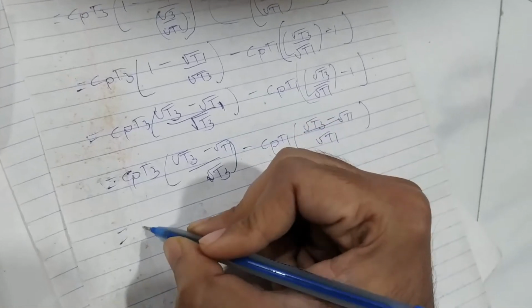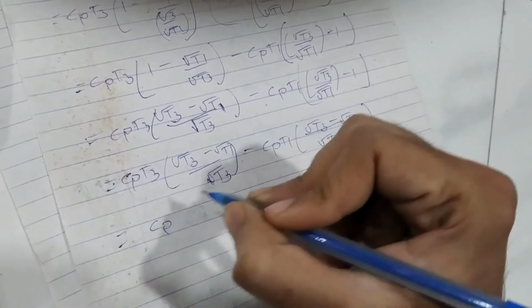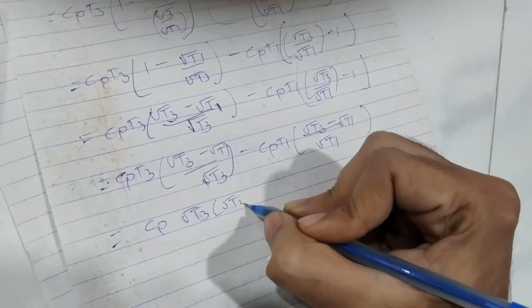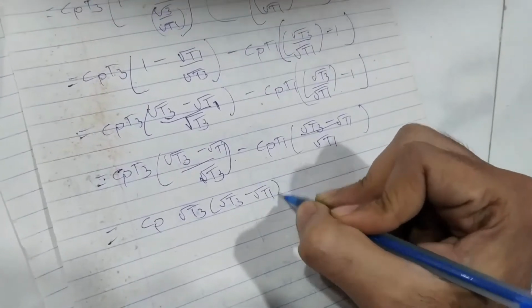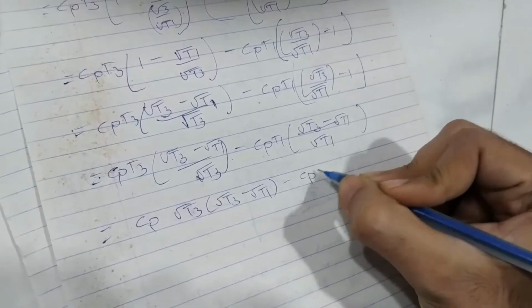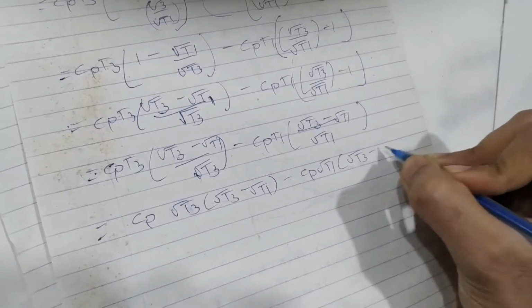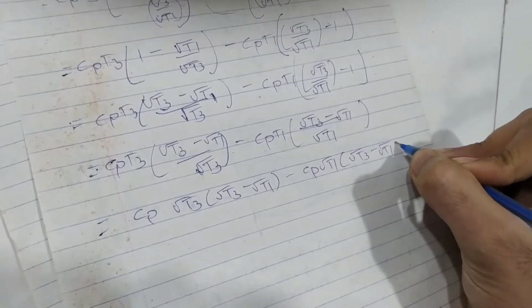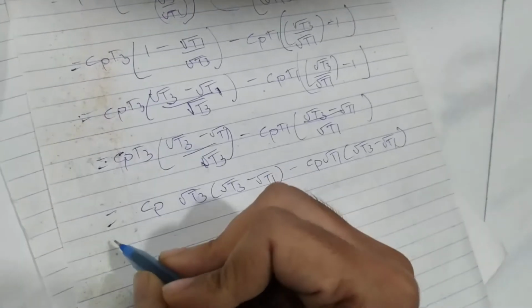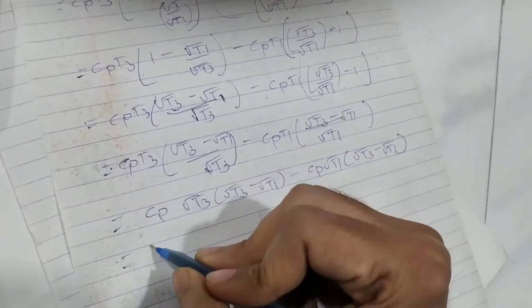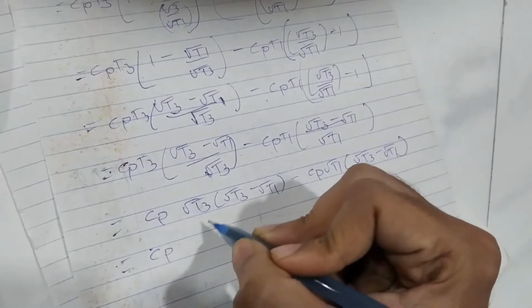Then this equation can be written as Cp root T3, this is simple mathematics, I hope you all know, Cp root T1, and I will multiply this with T3.